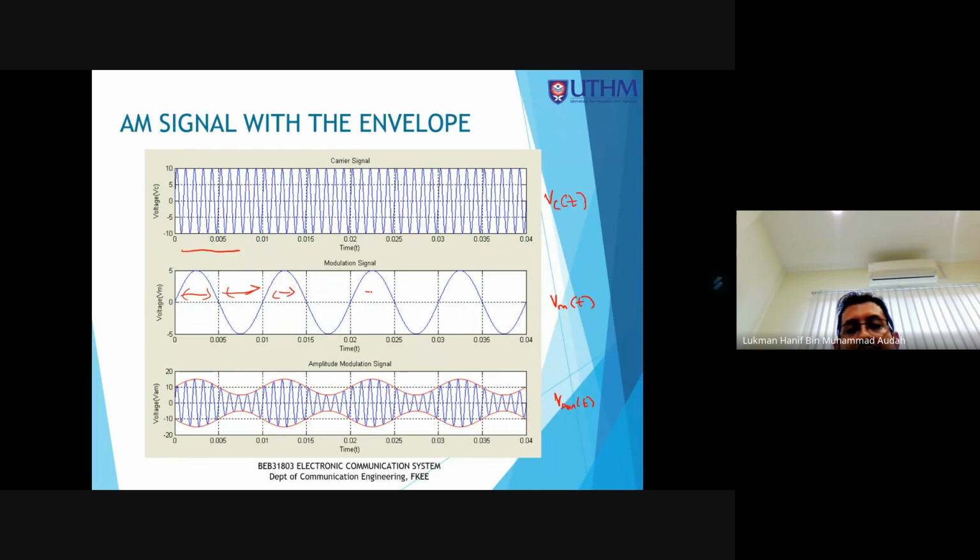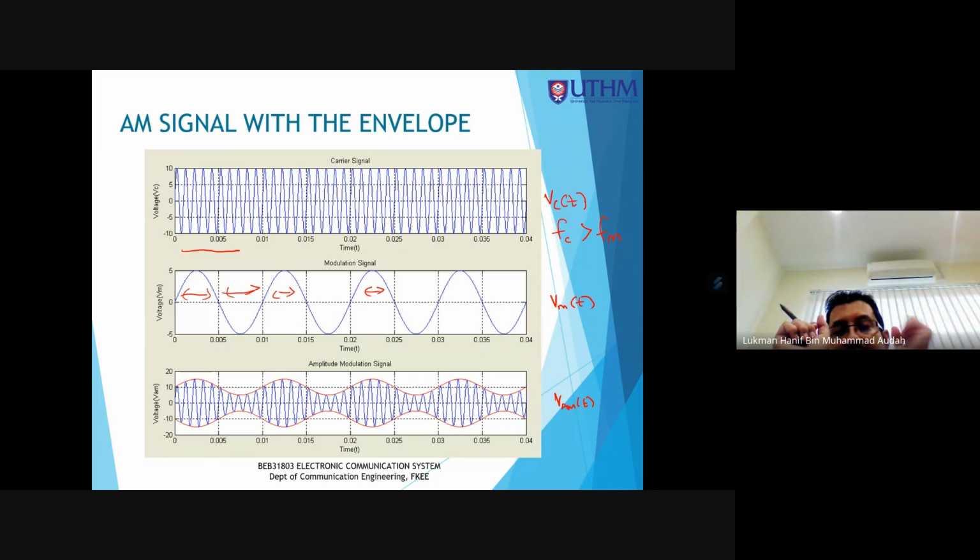This means that the carrier frequency is larger than the modulating signal frequency. If the ripples are very close to one another, it is a high frequency signal compared to Vm(t), where the ripples are far away from each other.